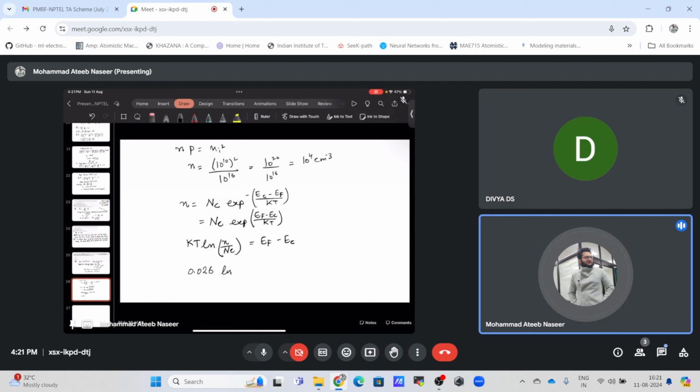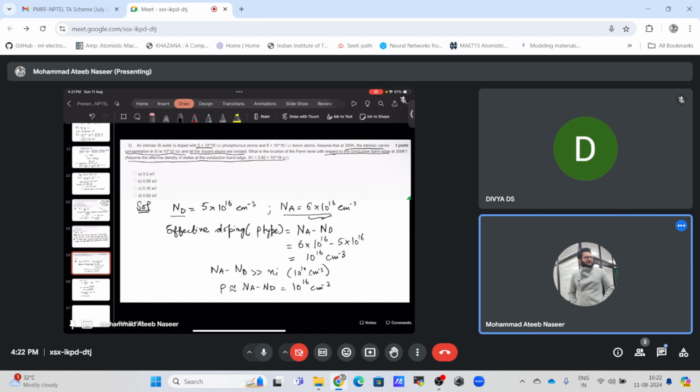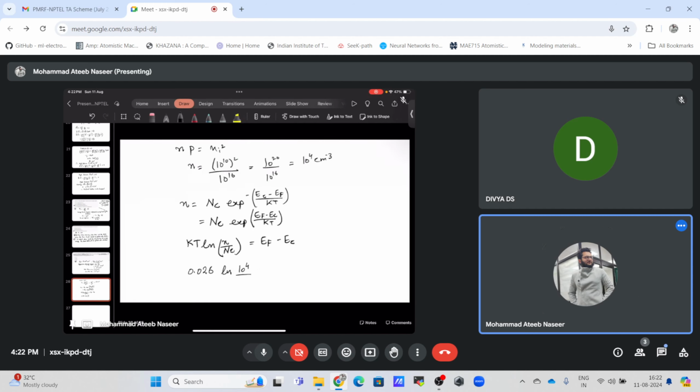Ln of n, which is 10 to the power of 4, over Nc, which is 2.82 into 10 to the power of 19. So this is the value of this Ef minus Ec.